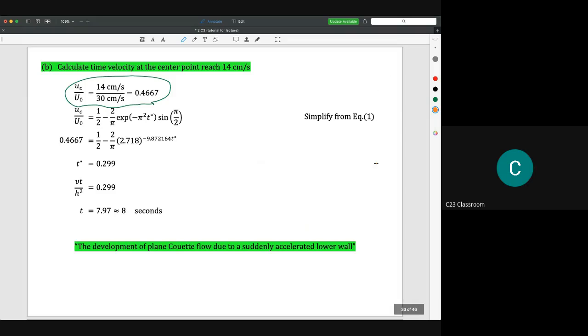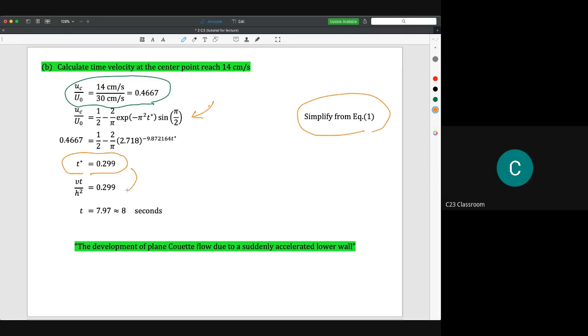So we start to find the ratio between u center and u naught. We find that it is 0.4667. And then we equalize it with the equation that we have. This term is simplified from equation 1, and then we solve this problem. So we get t star is equal to 0.299.